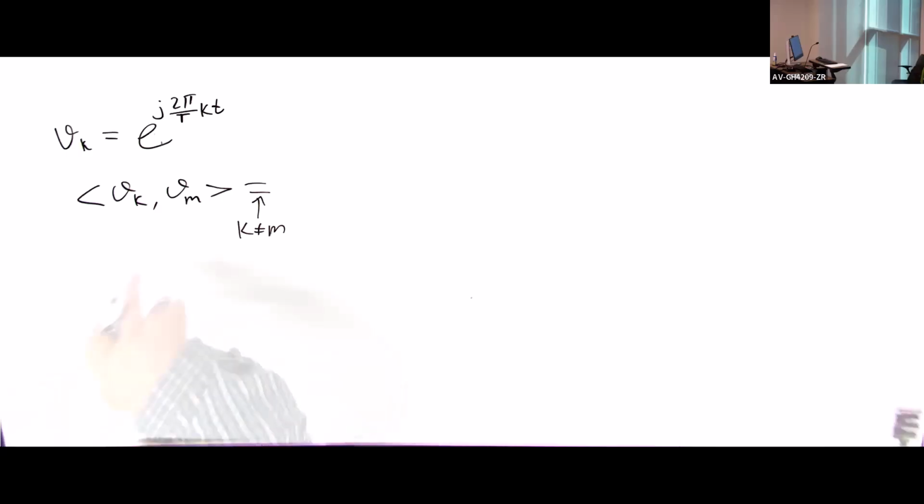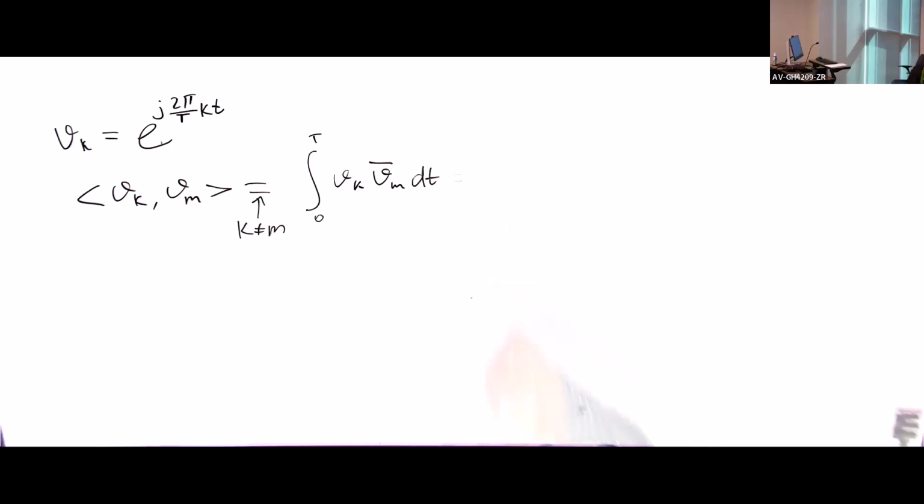If you remember, this thing is the integral from 0 to T of vk times the conjugate of vm, dt. One of them obviously is a function of t, function of time. So far, this is the definition of inner product between two functions.